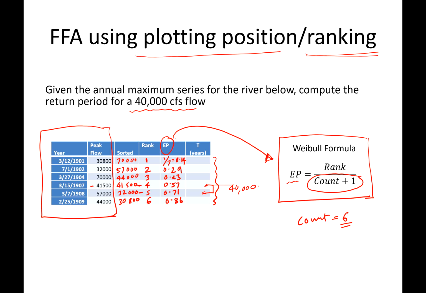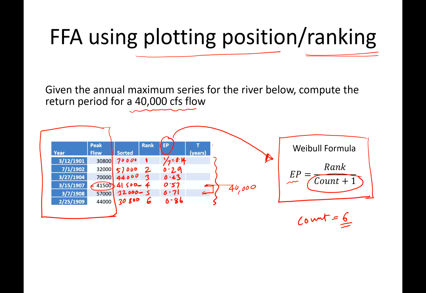And usually when you do that, you are not going to get an exact year. So it could be 3 point something or 4 point something. So in most cases, you end up with a value that is close to what you have here. So that's how you can handle it, or you can interpolate it.